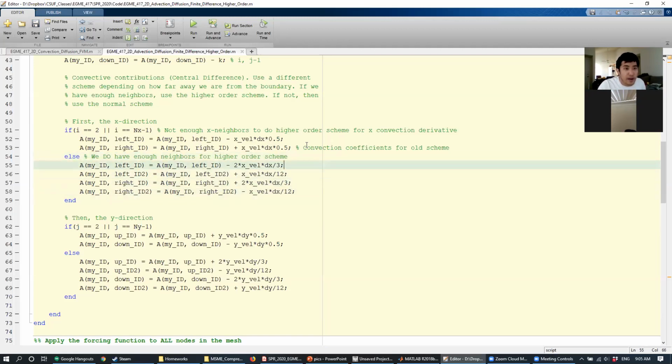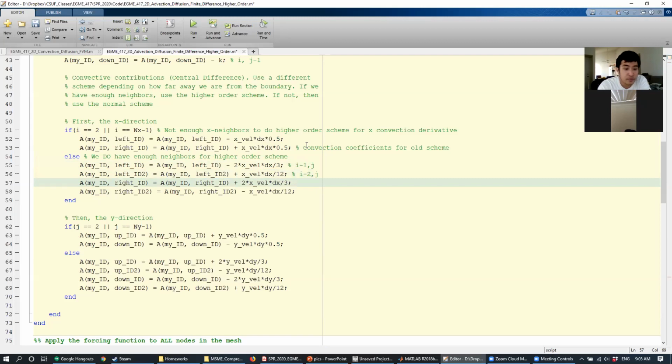So I have a at my ID left ID. This is the coefficient for I minus 1 comma j. You can see that's a minus 2/3 u times dx. Next, we have a at my ID left ID 2. So this is I minus 2 comma j. Going from the equation, that coefficient is a plus u times dx divided by 12.